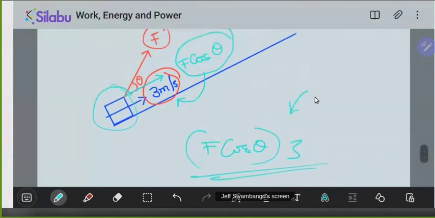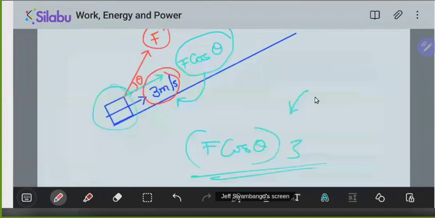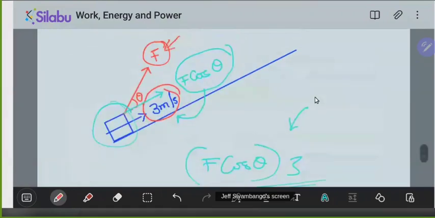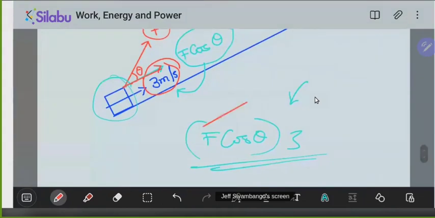But all I wanted to emphasize here is that you don't multiply the force like this. You need a piece of the force which will be in the same axis as the velocity. These two must be in the same direction. Not necessarily in the same direction, but just in the same axis. It's okay if one is like this and the other one is like this.